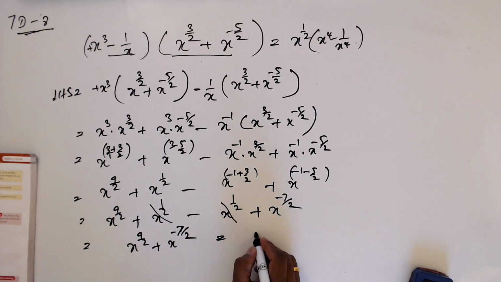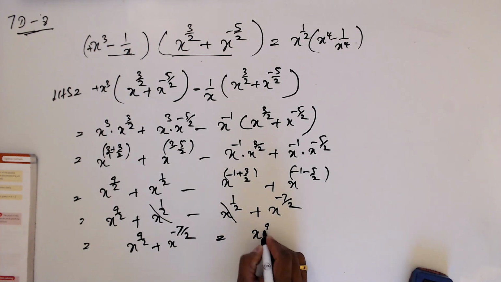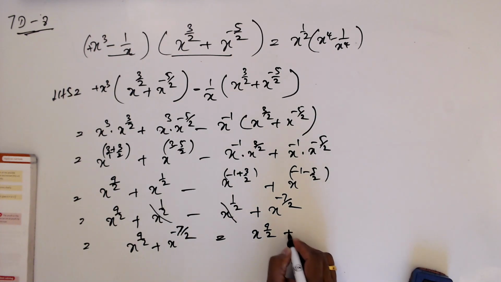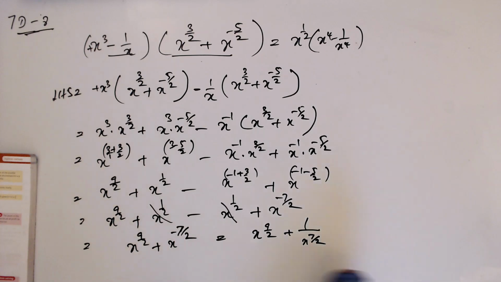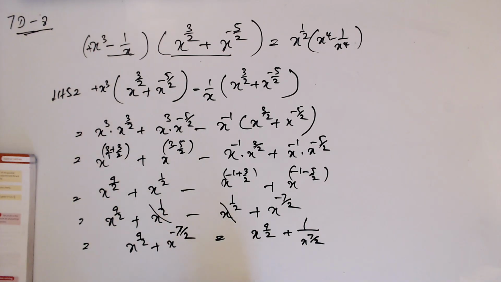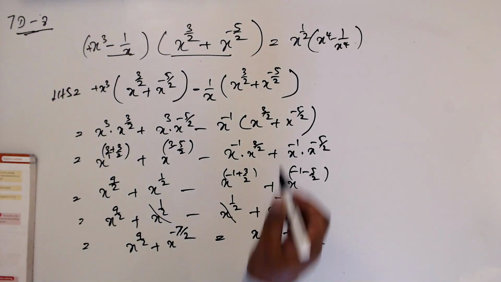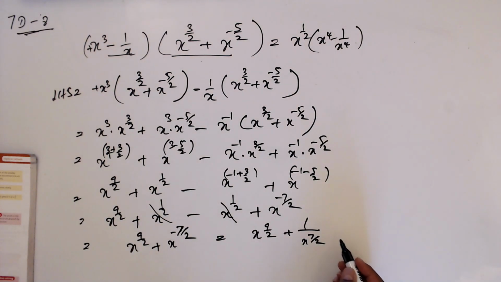Now x times 9 over 2 plus 1 over x to the 7 over 2. Now I want to bring x to the half out.